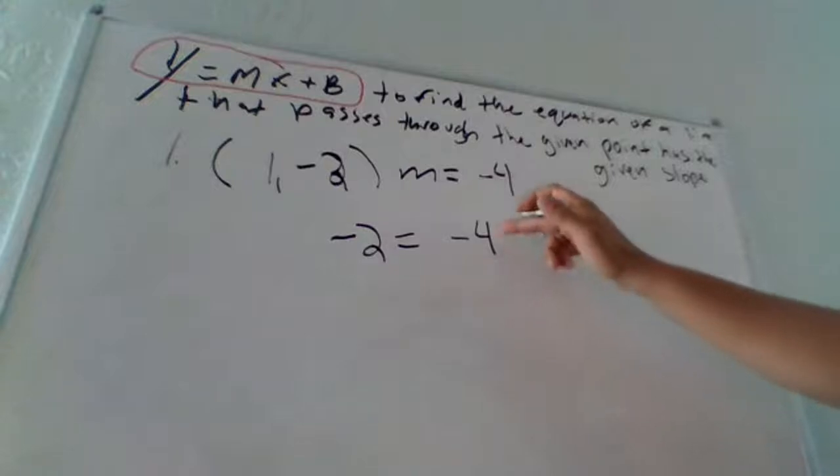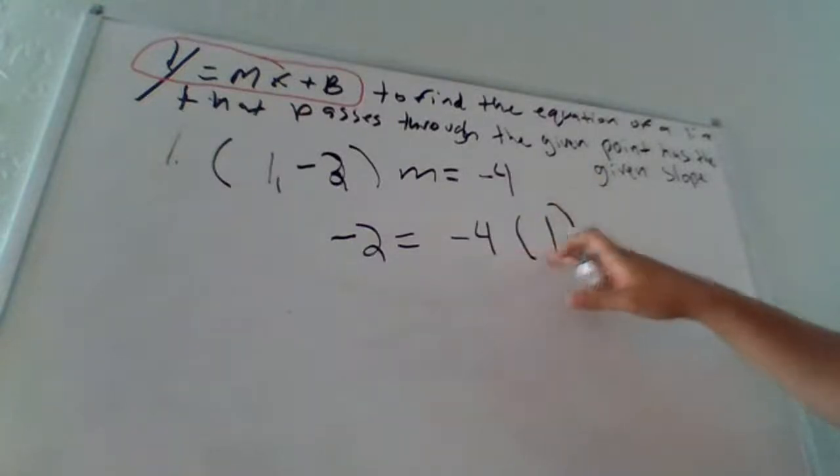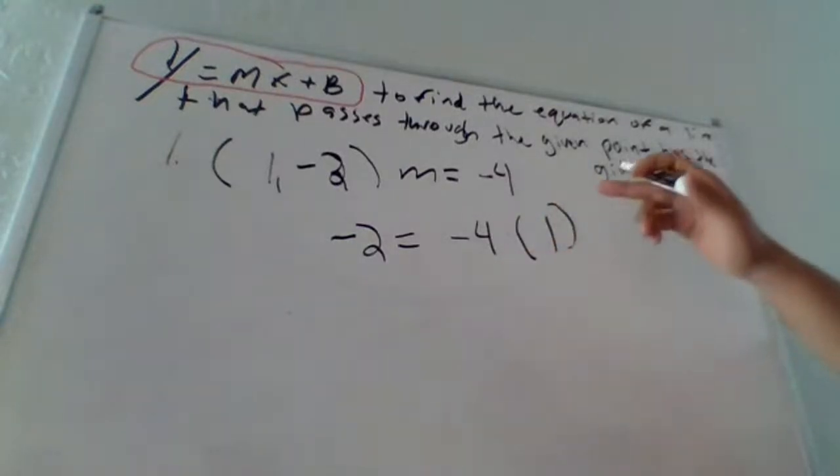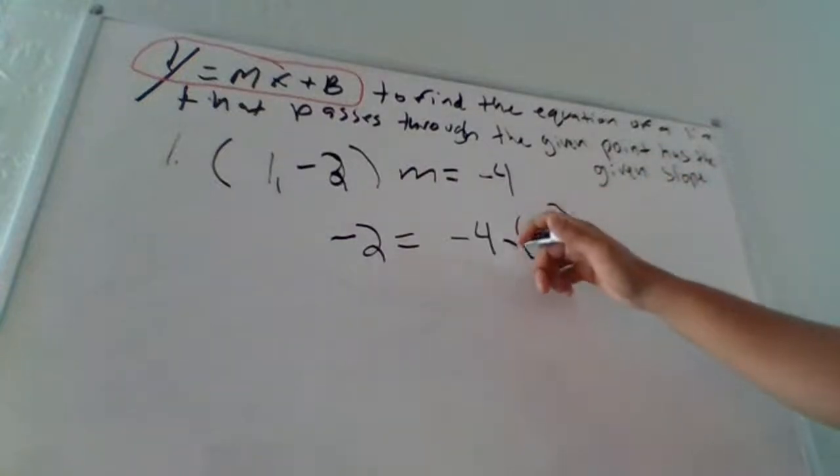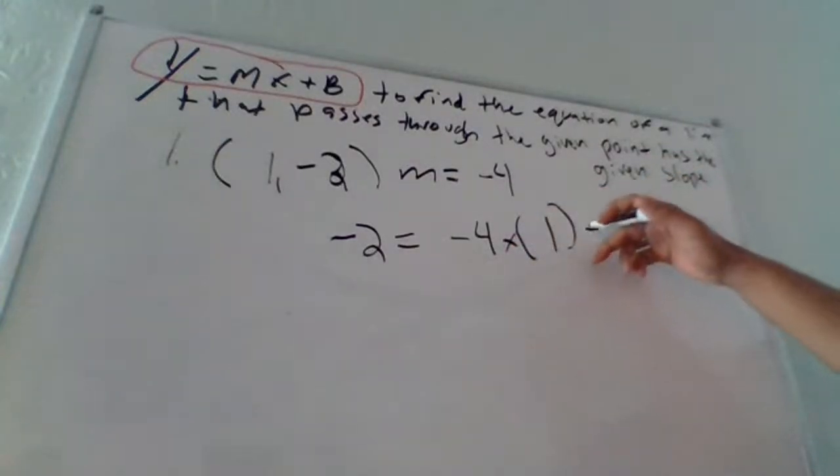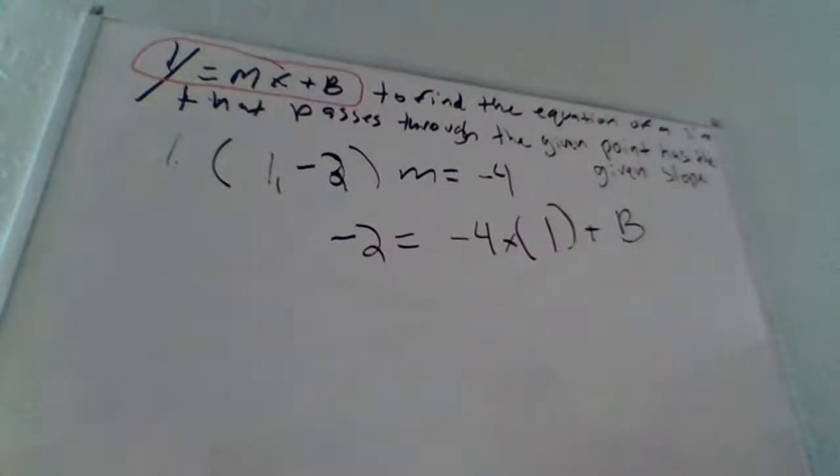You can have the x, or you can have the parentheses showing that we're multiplying. And plus b.